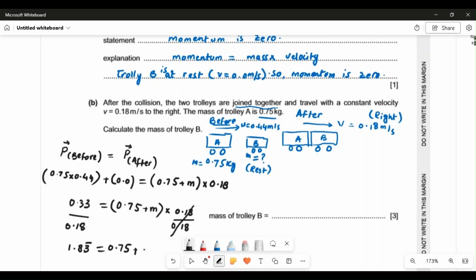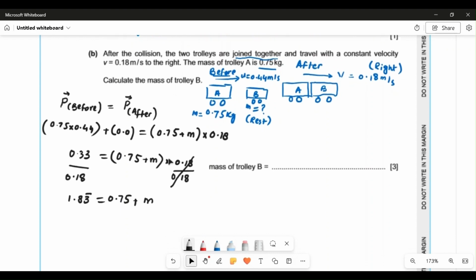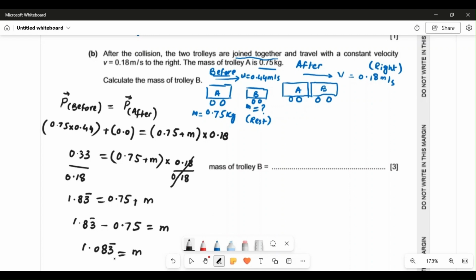Here it is 0.75 plus m. Now I need m, so what should I do? I will move this 0.75 to the other side, and it will be subtracted from 1.83. So 1.83 minus 0.75 gives me 1.083 recurring. So the mass m is 1.083, and mass is calculated in kilogram.